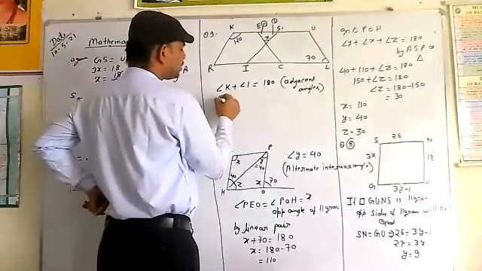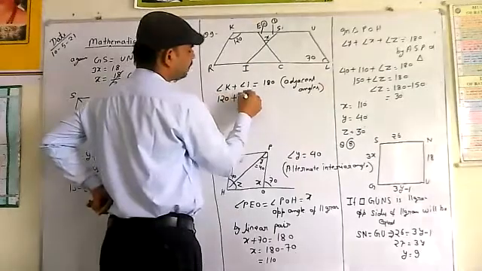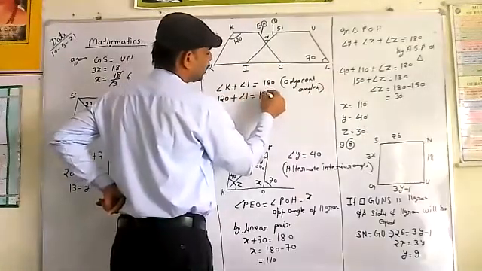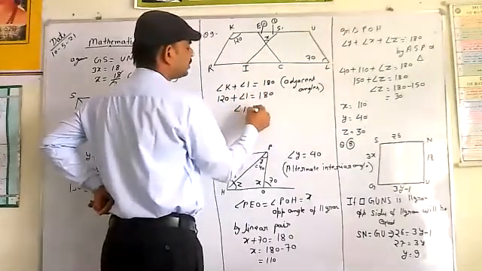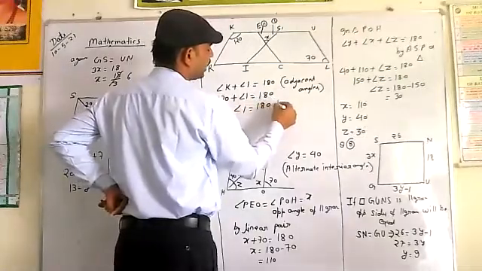So K is equal to 120 plus angle 1 is equal to 180. Angle 1 is equal to 180 minus 120. That is 60 degrees.